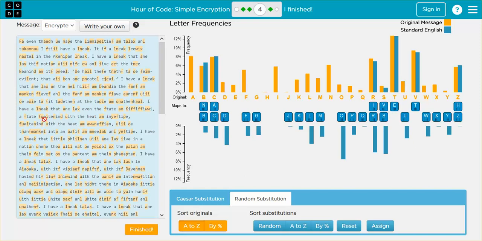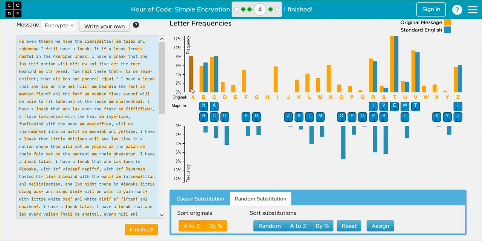Looking again for other patterns down here, I have blank WITH, blank, and then it says blank the heat. I'm guessing that could be with the heat. So let's see if a U could represent a W. I'm going to put that in. So with the heat, that looks okay.